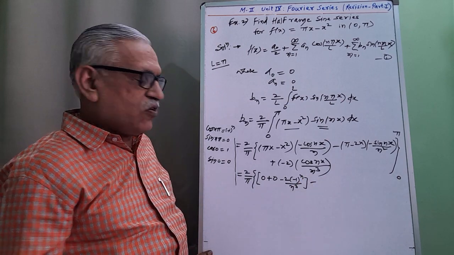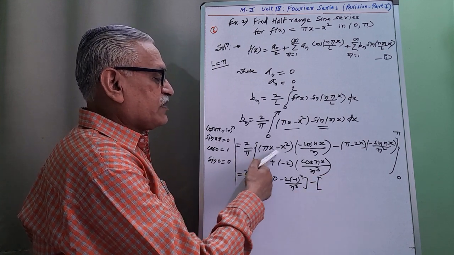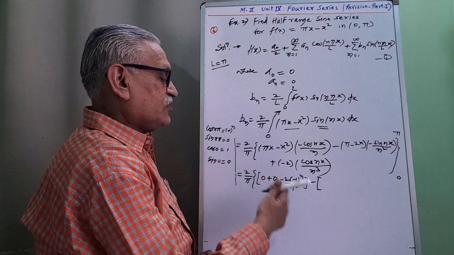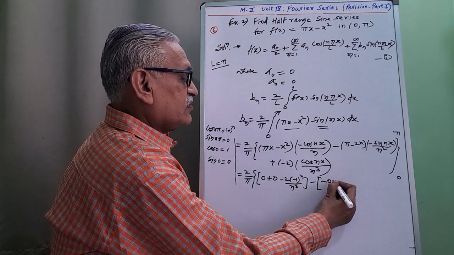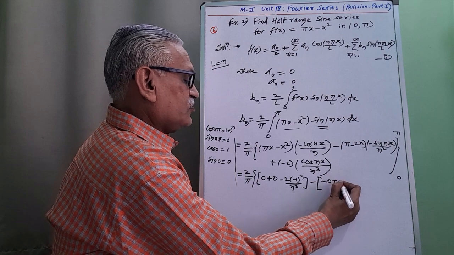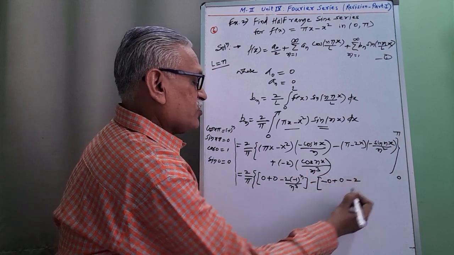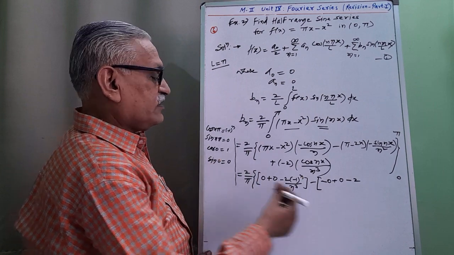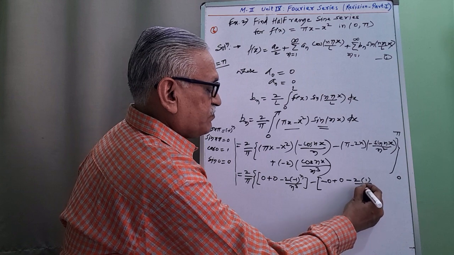Then minus, for lower limit, x 0, this term becomes 0, sin 0, 0, therefore first one is 0, next one is 0, third one is minus 2 times, value of cos 0 is 1, therefore it is 2 into 1 divided by n cube.